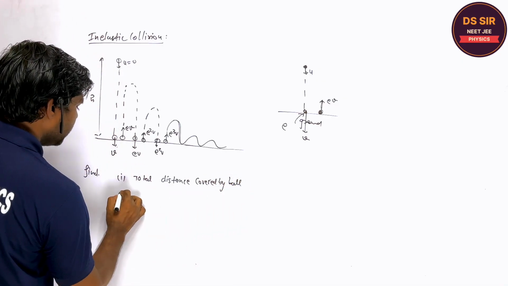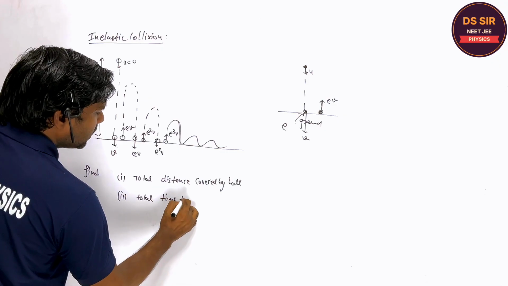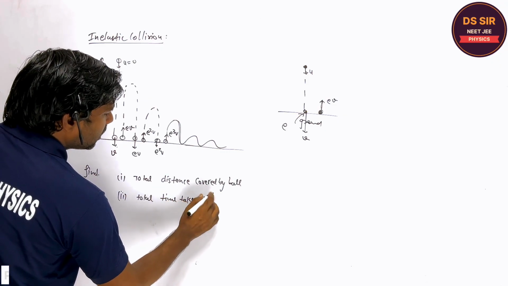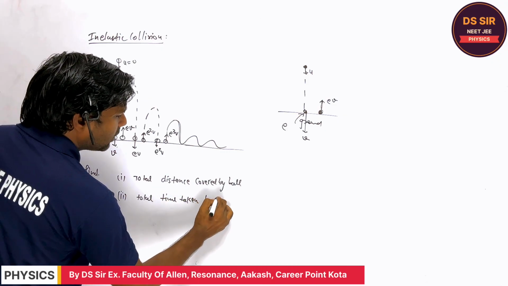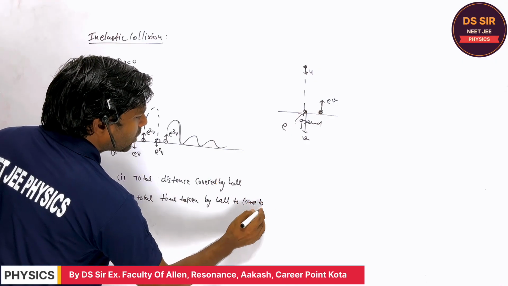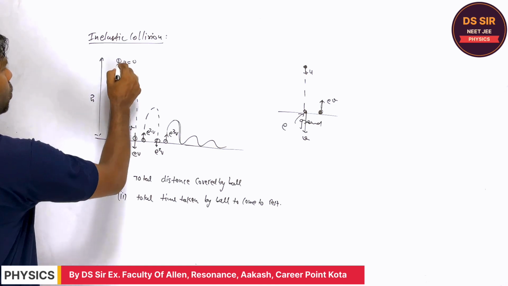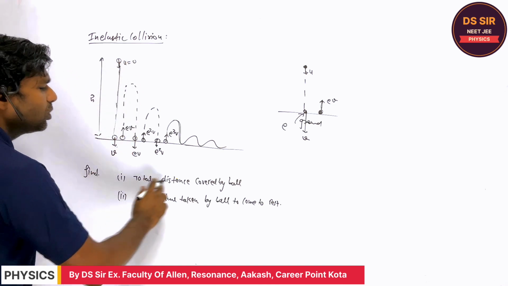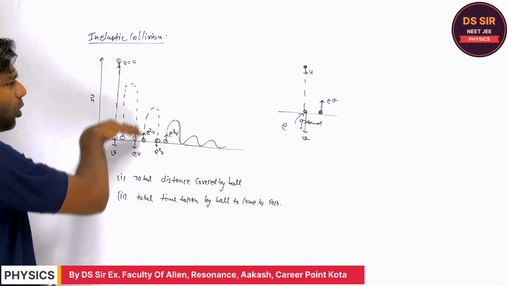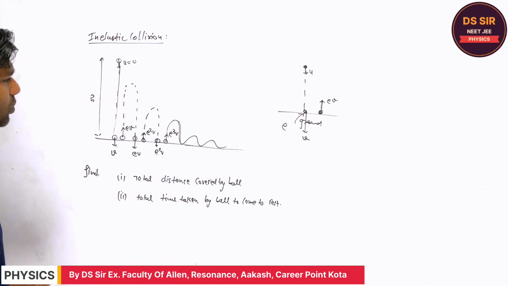Also you have to find the total time taken by the ball to come to rest. This is the question. The total time you have to tell, and then the total distance covered by the ball before coming to rest you have to find. This is the question.